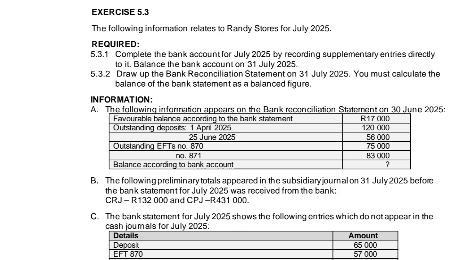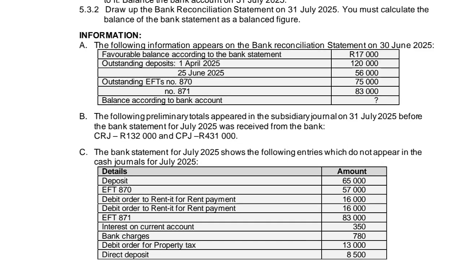Information A is then given as your previous bank reconciliation statement for 30 June 2025. B. The following preliminary totals appear in the subsidiary journals on 31 July 2025. Your cash receipts journal 132,000. Your cash payments journal 430,000. C. They give you the bank statement for July 2025, which shows the following entries which did not appear in the cash journals for July, so we'll enter it in our cash journals.